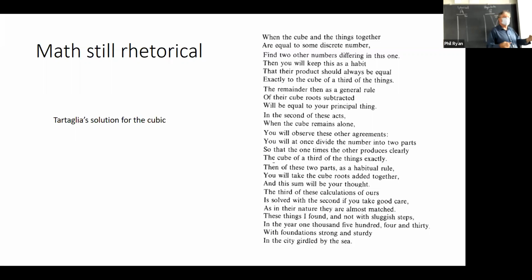So in this case here, he's breaking it into different cases, depending upon whether it's x cubed plus px equals q, x cubed equals px plus q, or what's the other one? x cubed plus q equals px, and so you go to these.